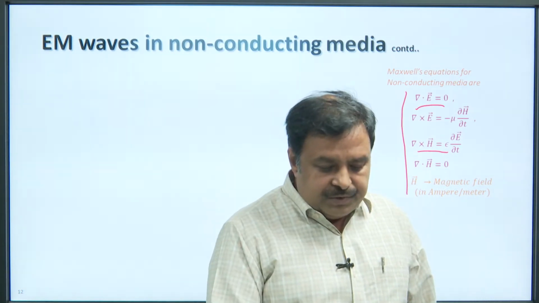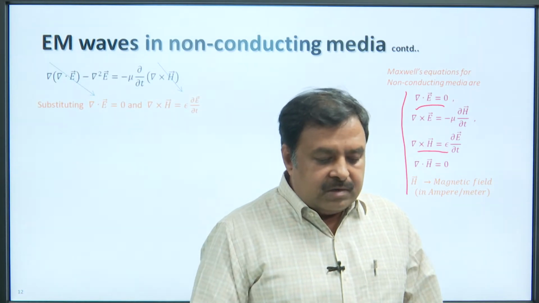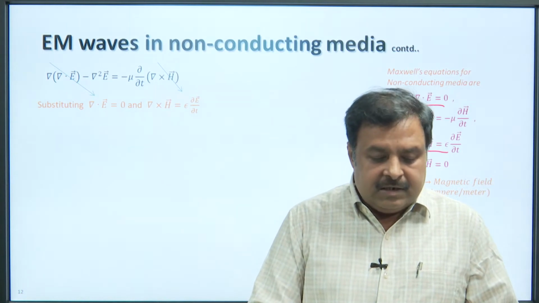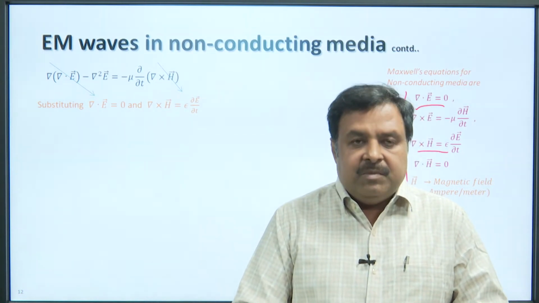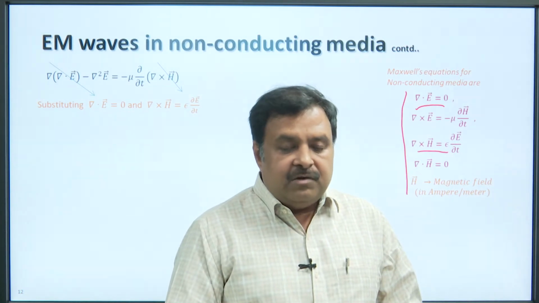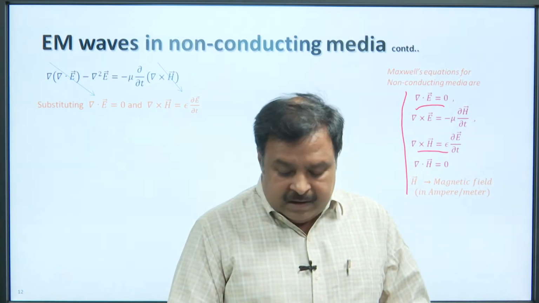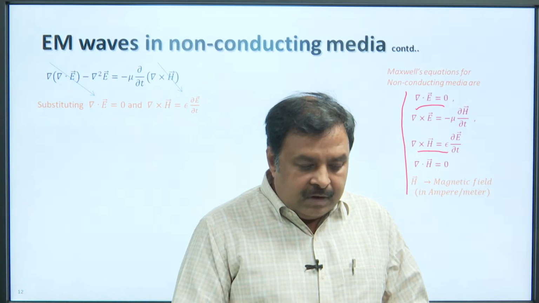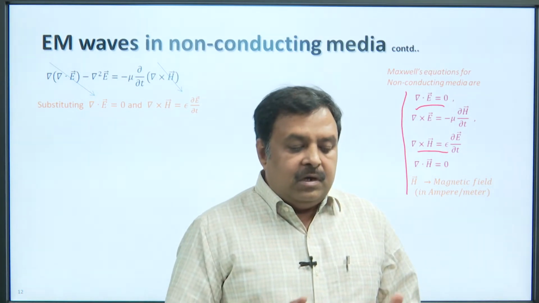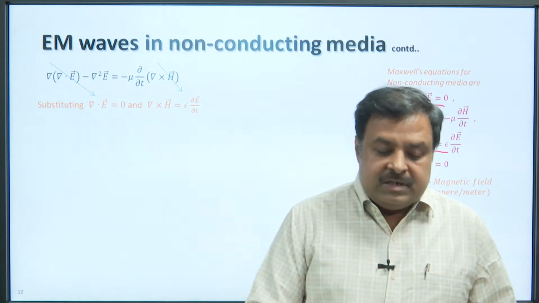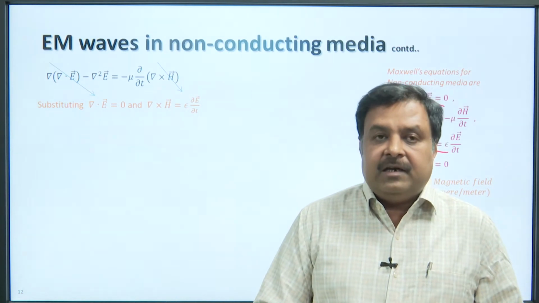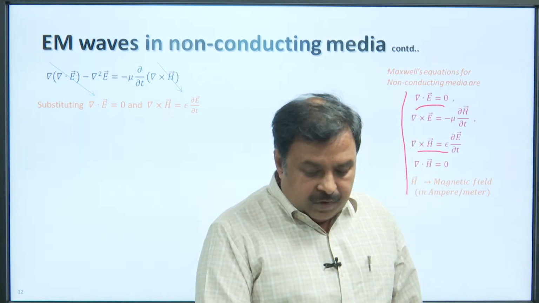We have got this equation in the last slide: gradient divergence E minus del square E equal to minus mu delta by delta T of del cross H. In this equation, when we substitute divergence E equal to 0 and del cross H equal to epsilon delta E by delta T, what do we get?